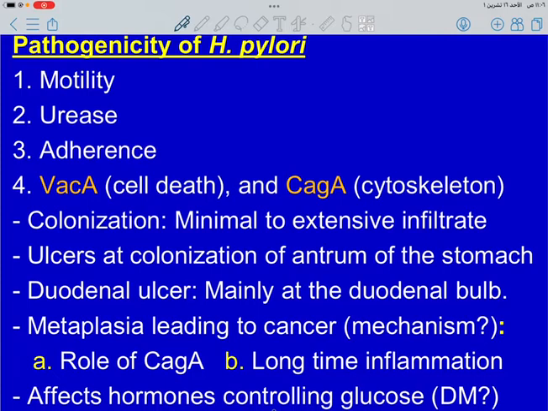Also, this microorganism can affect certain hormones controlling glucose, so there is a recent theory that it may be related to diabetes mellitus. This is under research. Not sure, but there are theories saying that it may be related to diabetes mellitus.